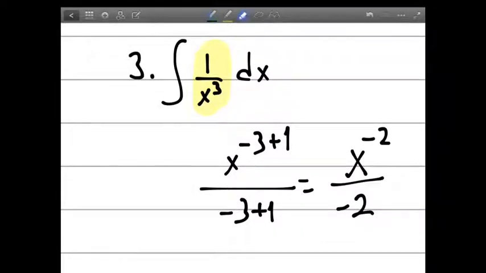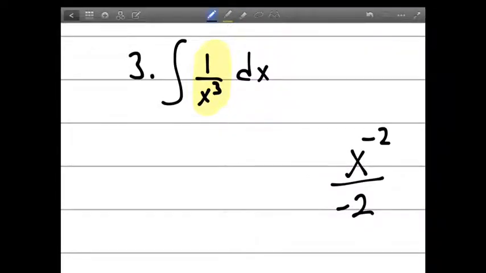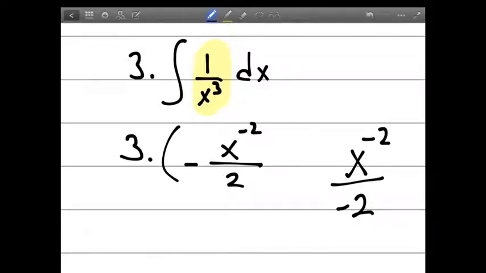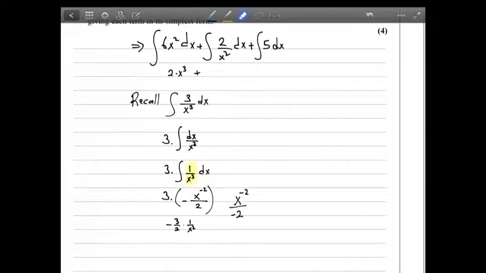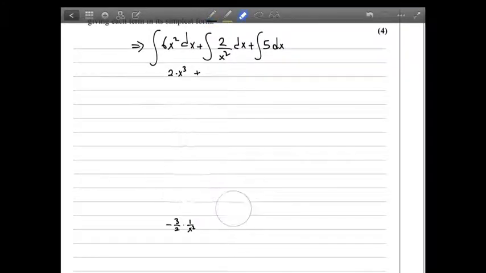And we can write this after 3. We have 3 times minus x to the power of minus 2 over 2. So we have minus 3 over 2 times 1 over x squared.